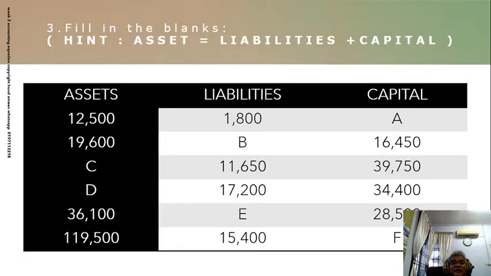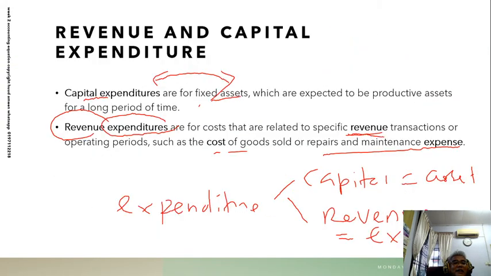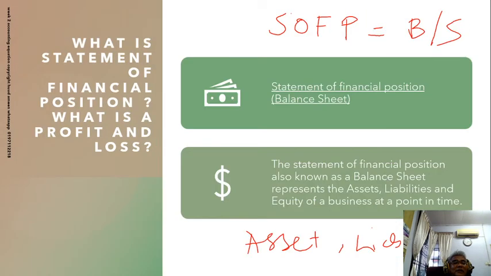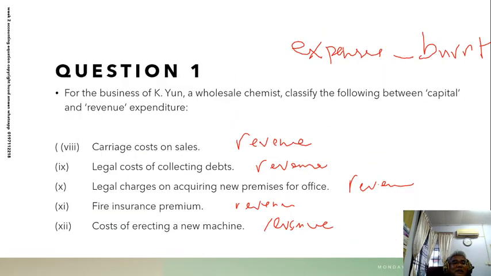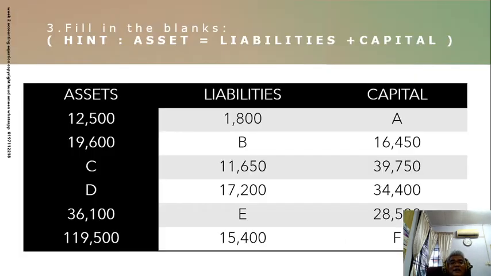Okay, so actually we have already covered the theory or the notes. Then this is the questions. For example, this question, asset is equal to liabilities plus capital, meaning that capital is equity.